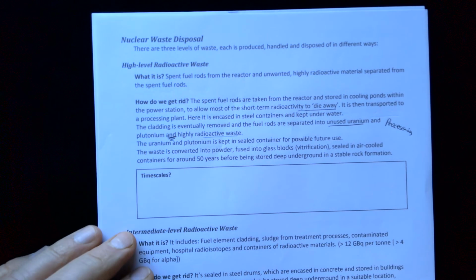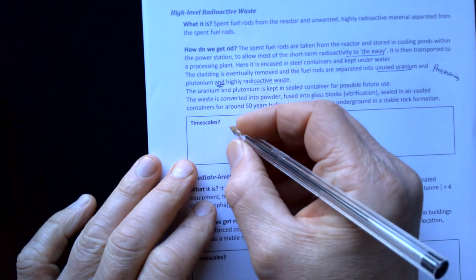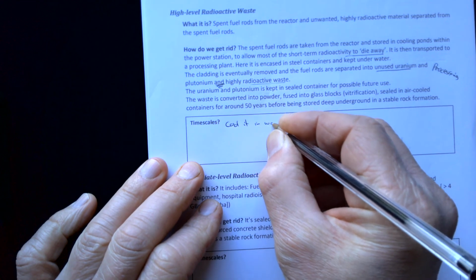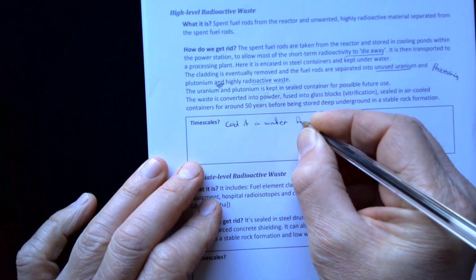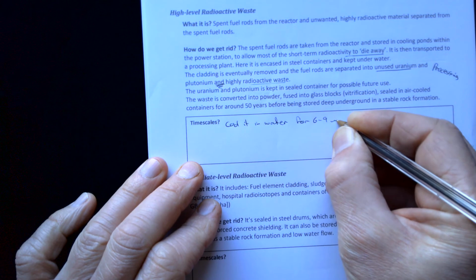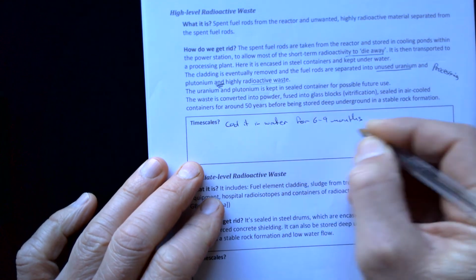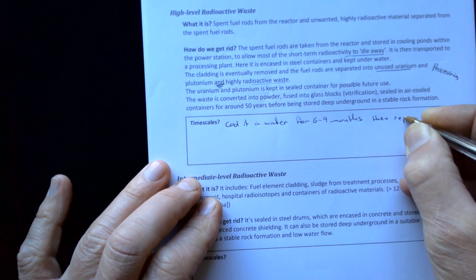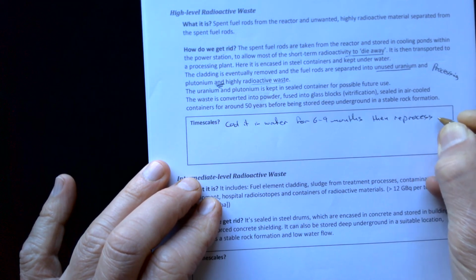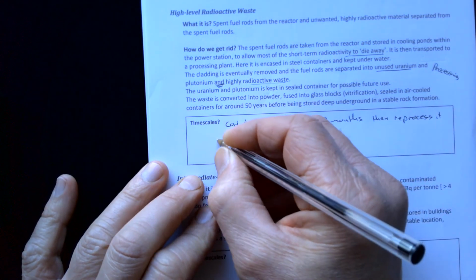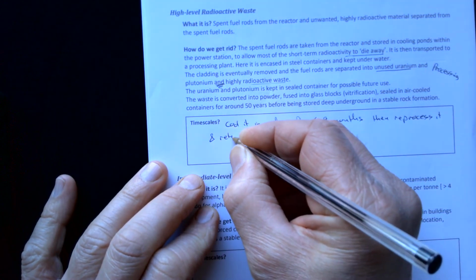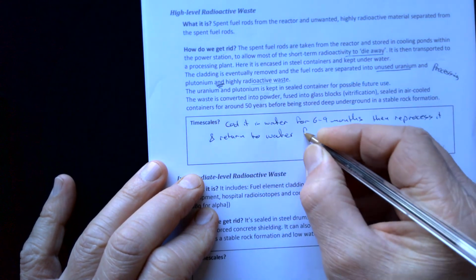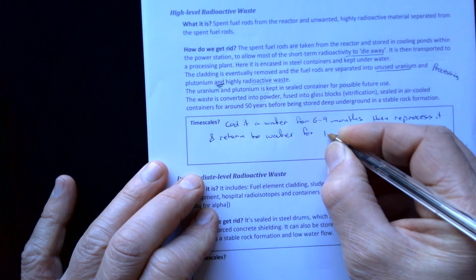Okay, so what's this whole process? You're going to cool it in water for a few months, for 6 to 9 months. Okay, that kind of length of time. It's not years. Then process it or reprocess it. And return to the water as it says above, but for a longer time, for 1 to 2 years.